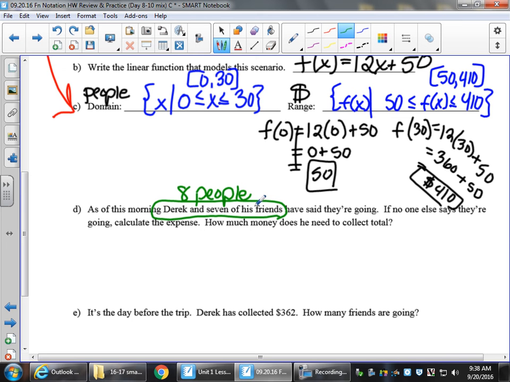Yeah, you have to include himself. Is people a value for x or f of x? x. So write a note: value for x. And what are we going to calculate? f, but what do I know x is? 8. So we've got to figure out f of 8.